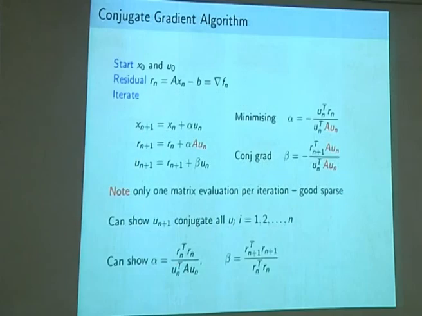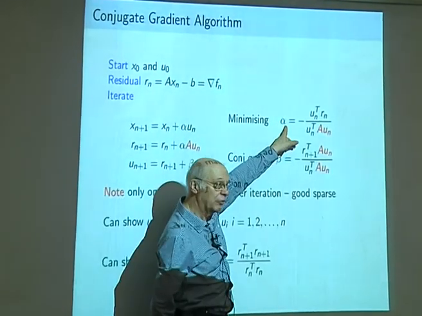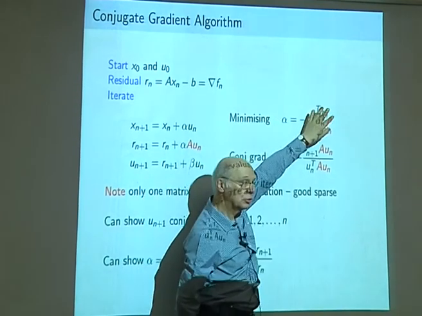This is the routine. Very complicated. You start somewhere at x naught and u naught. And then at any stage there's a residual, which is Axn minus b, which is the gradient at the current time, and then it's this iteration. So we first know how to work out alpha, the distance you've got to go in the direction of u to get the minimum.